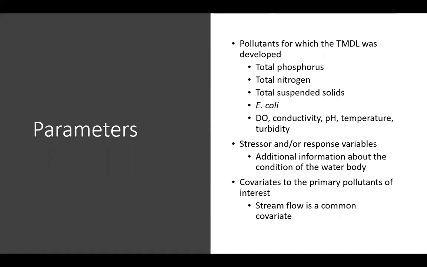Because if you have increased precipitation, you'd expect to have increased runoff. And that may result in, for instance, increased E. coli levels. It may result in increased suspended solids or increased nitrogen and phosphorus levels if you have nitrogen and phosphorus applied to the land.